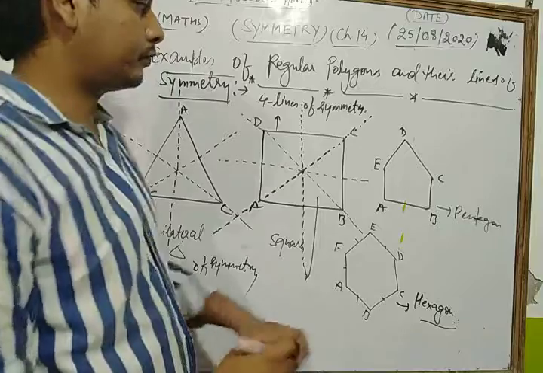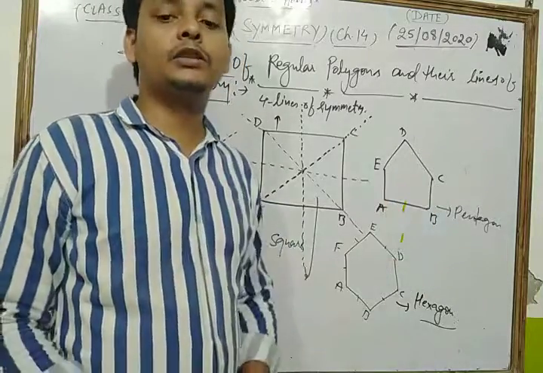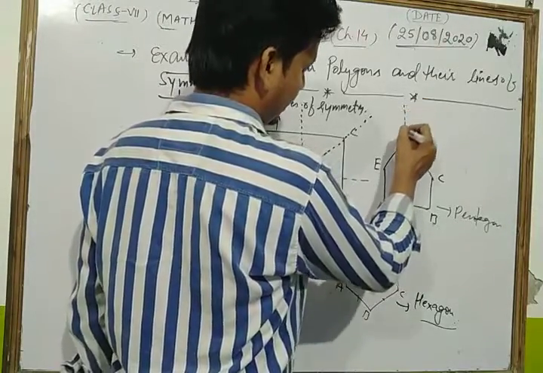Now we discuss the pentagon. Dear students, a pentagon has 5 lines of symmetry like that. Let's see.